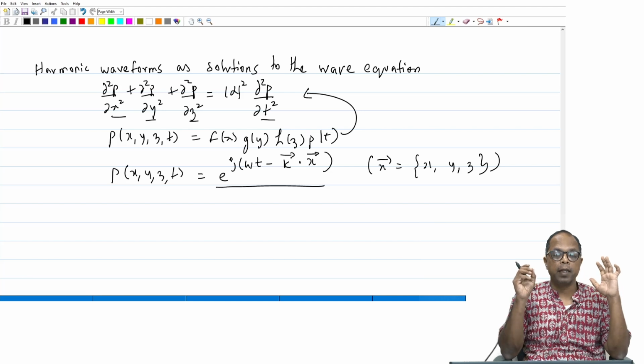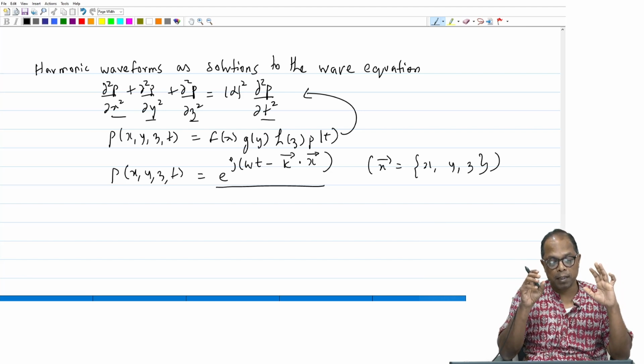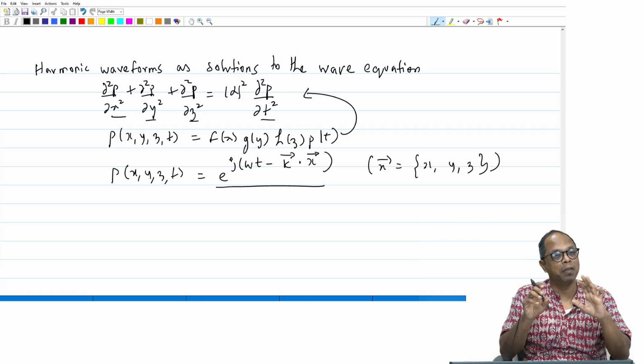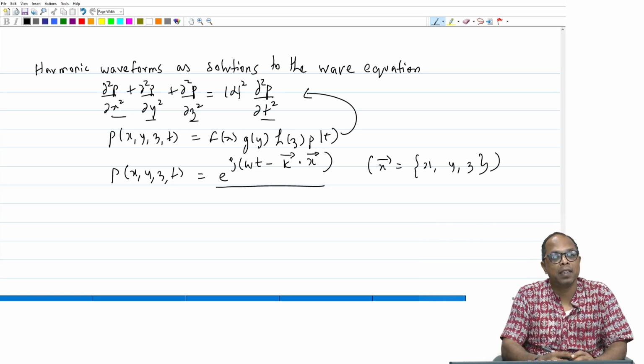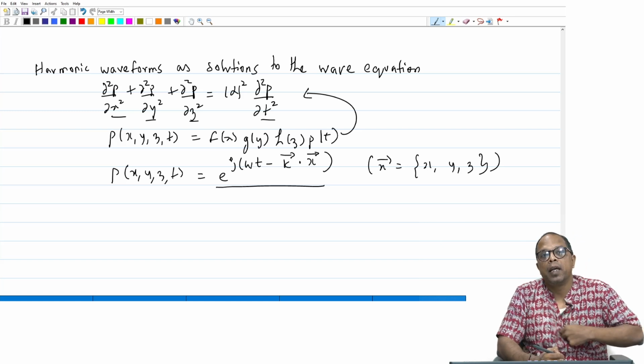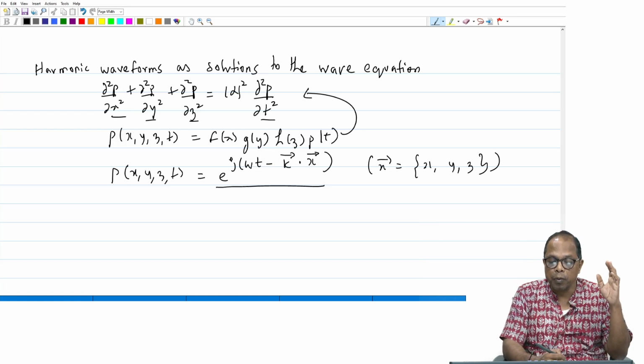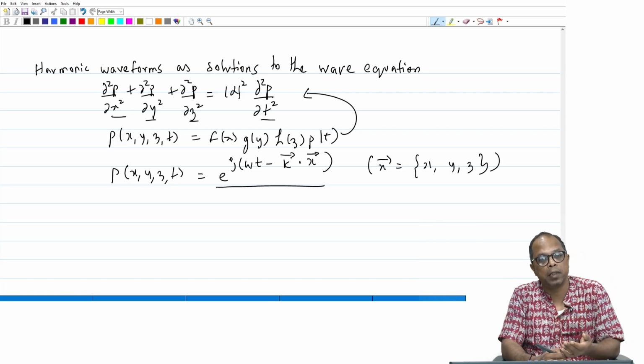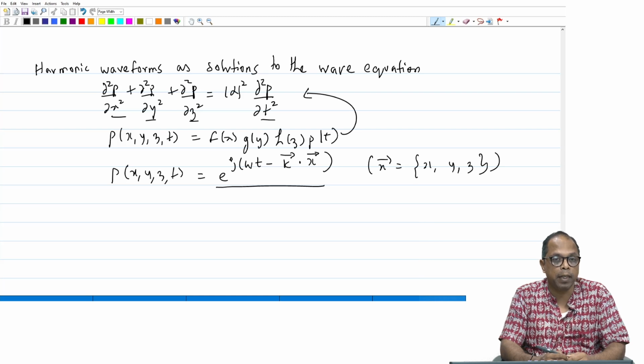Now, are there imaginary waves really? No, there are no imaginary waves. Wave propagation is a real phenomenon for acoustics, and using complex exponentials is a tool for mathematical convenience.